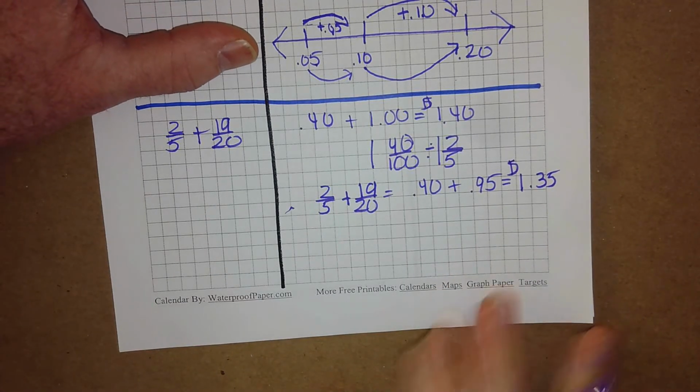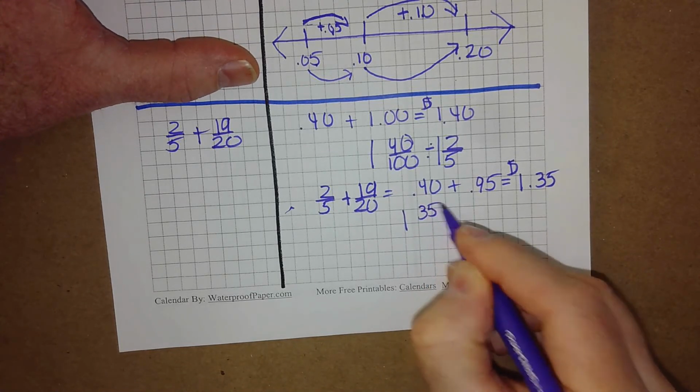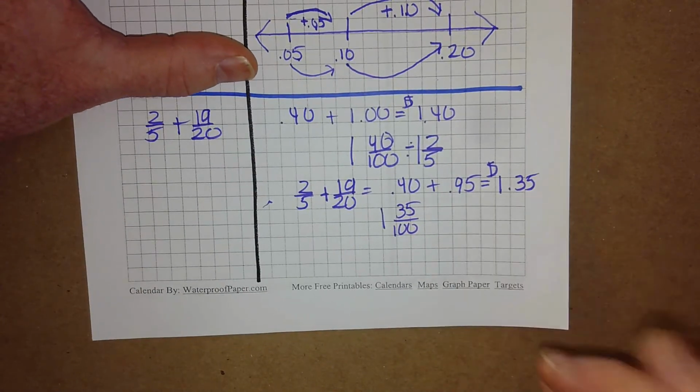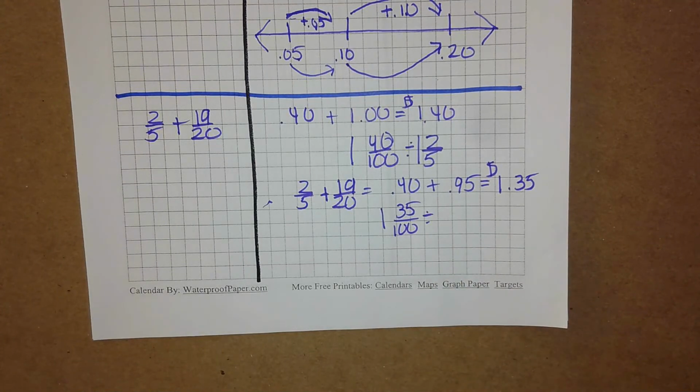And we rewrite that as what mixed number? 1 and 35 hundredths. That's okay if we have to redo it, because now we can practice reducing again. What's the GCF for 35 and 100? The biggest number that fits into 35 and 100 equally.